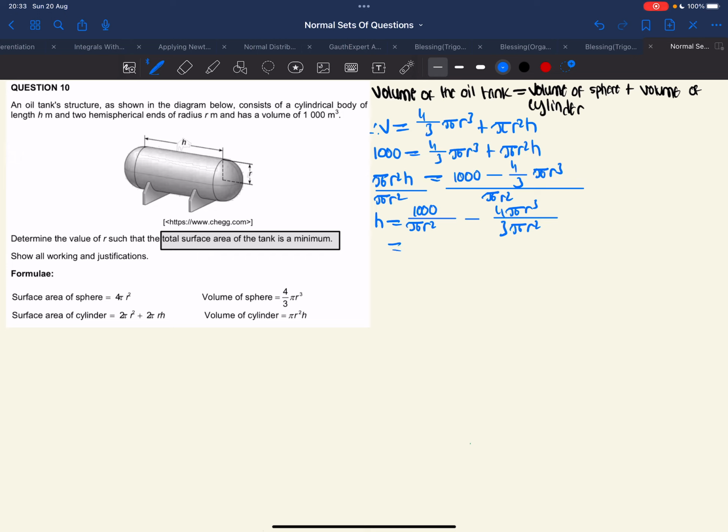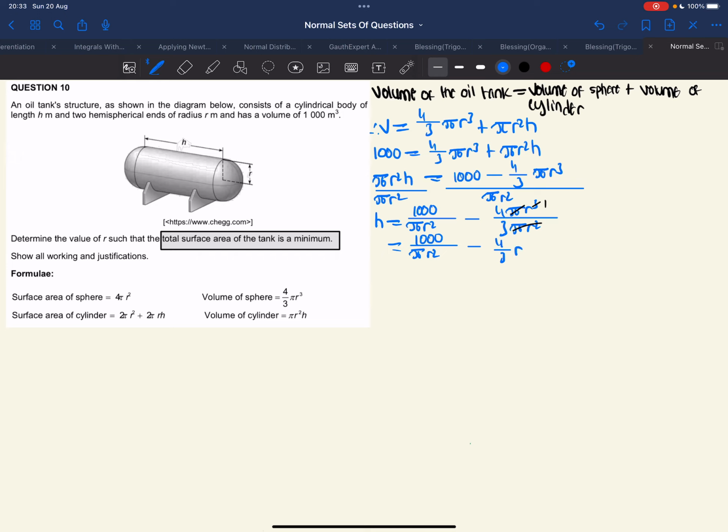Then we can simplify that and have it as 1000 over pi r squared minus, if you do that, the pi cancels out, the r squared cancels partly, the 3 stays, and you're left with 4 over 3 r.